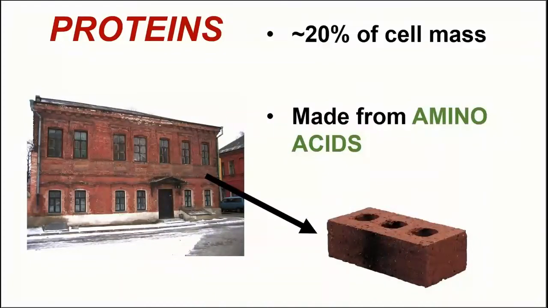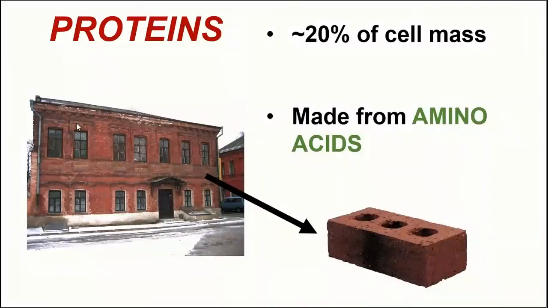So let's take a look at proteins now that we've explored water. Proteins don't take up quite as much of the mass of our cell. Proteins comprise roughly 20% of our cell mass. Proteins are constructed from smaller subunits called amino acids.